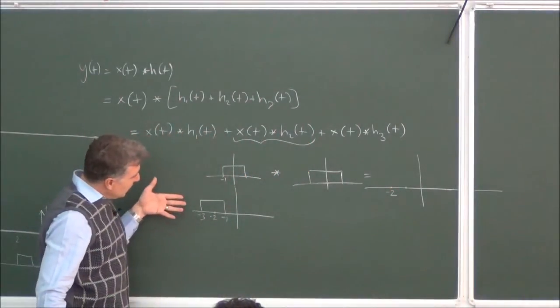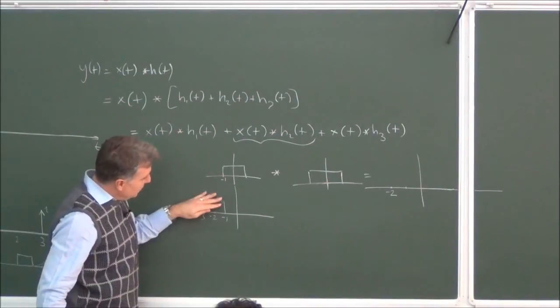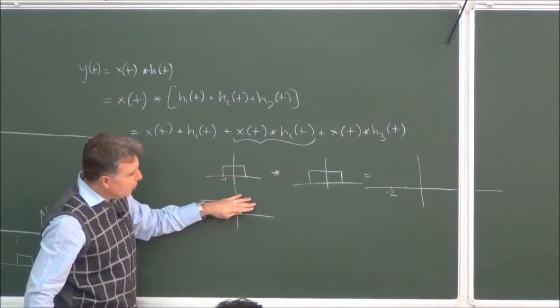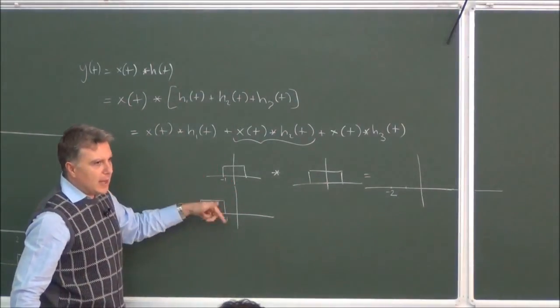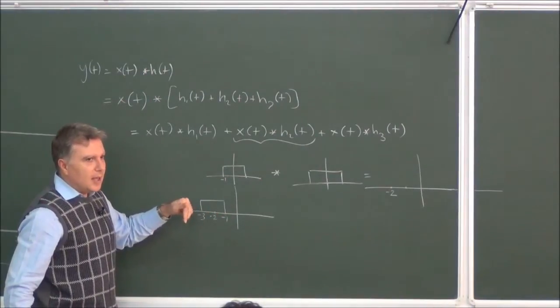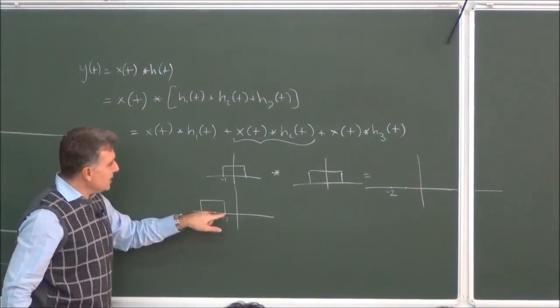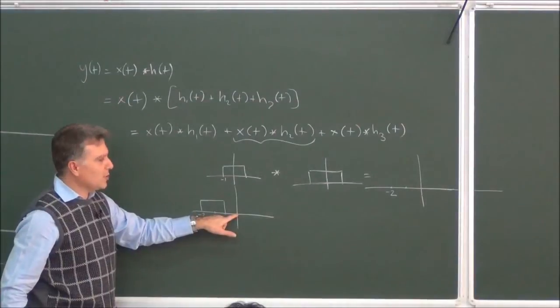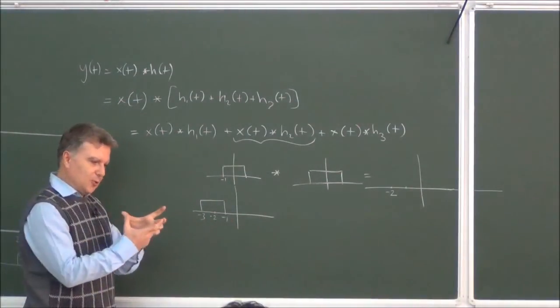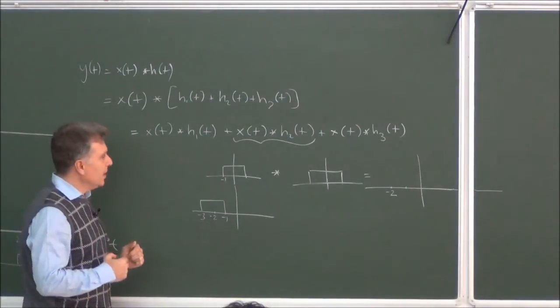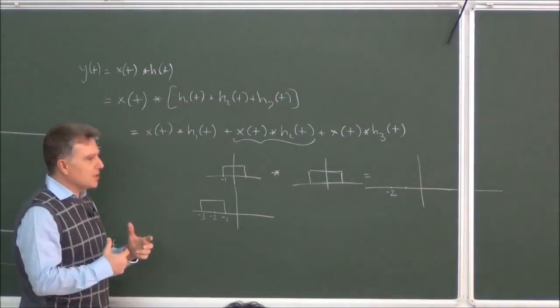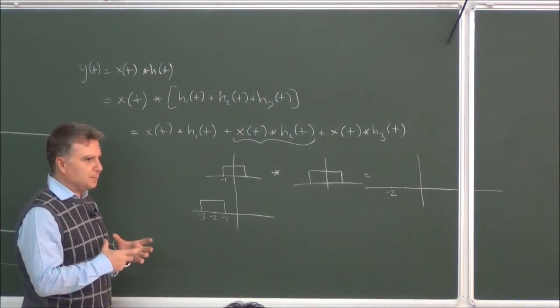From minus 2 and onwards, if you shift this one to the right more and more, they will overlap more and more, and the maximum will be reached when the shift is equal to 0, because they will completely overlap there. Okay? And what is the multiplication at that point?